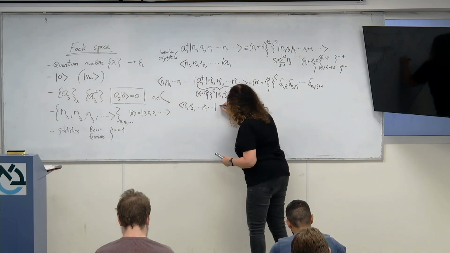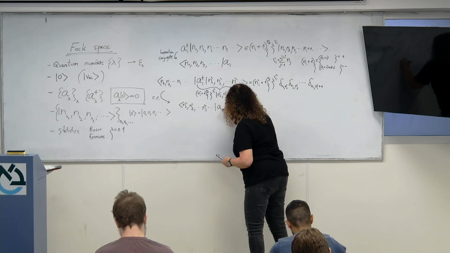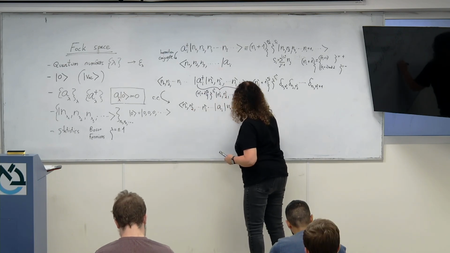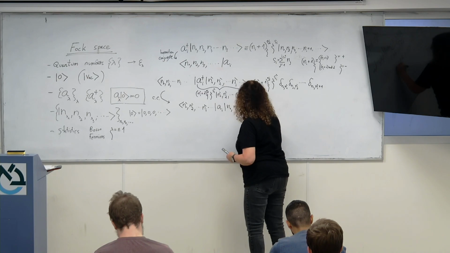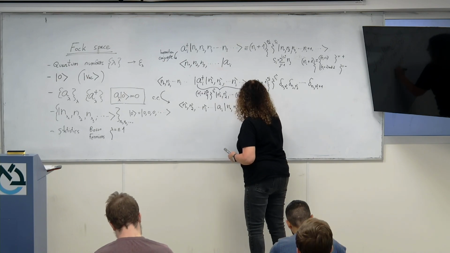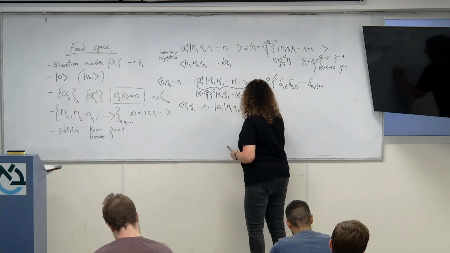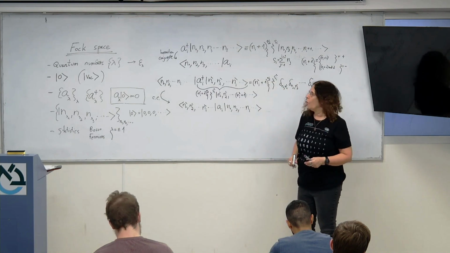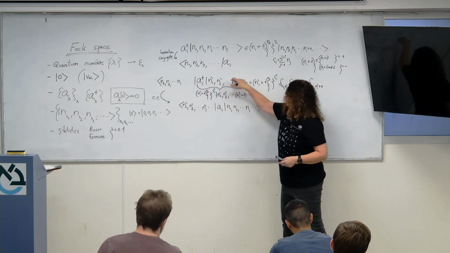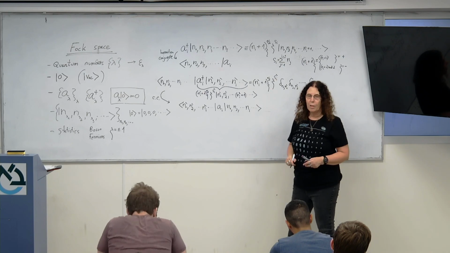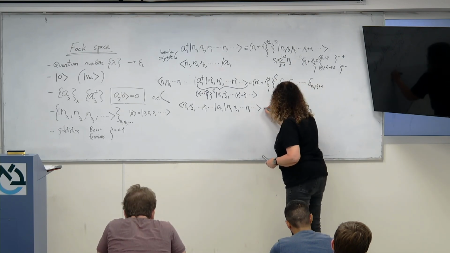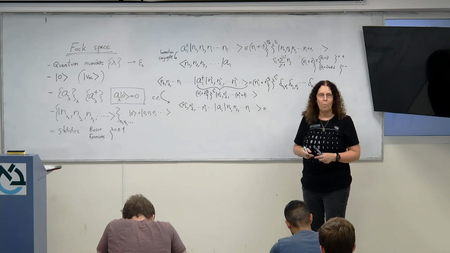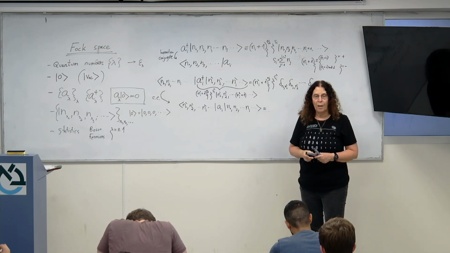This A dagger turns into A, and then I have N1, N2, Ni. So this is nothing but a complex conjugate of the top row, left-hand side. But then the right-hand side has also to be complex conjugated, right?